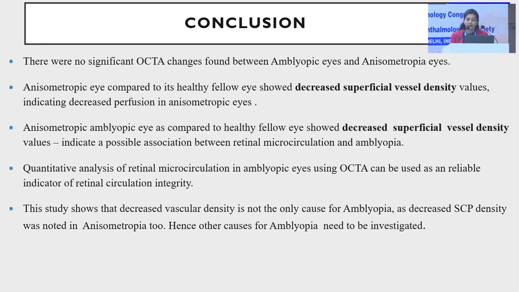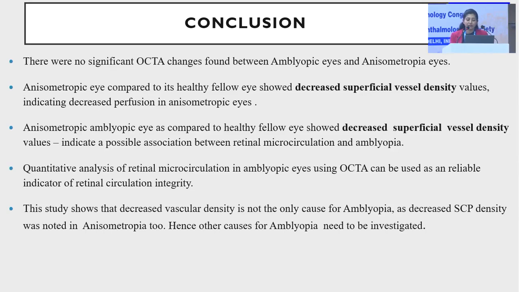And the anisometropic eye, when you compare to their healthy fellow eye, showed decreased superficial vessel density, indicating decreased perfusion in anisometropic eyes. And anisometropic amblyopic eye, when compared to their healthy fellow eyes, also showed decreased superficial vessel density values, indicating a possible association between decreased retinal microcirculation and amblyopia.